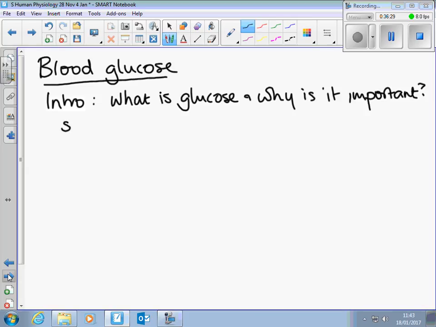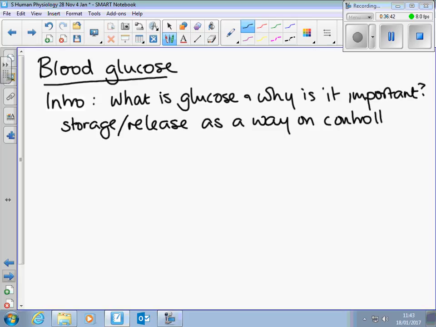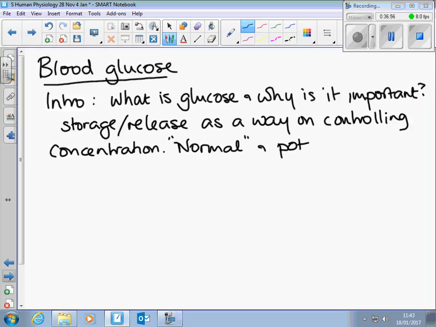So storage, release as a way of controlling concentration. And then, what's normal concentration and potential risks.